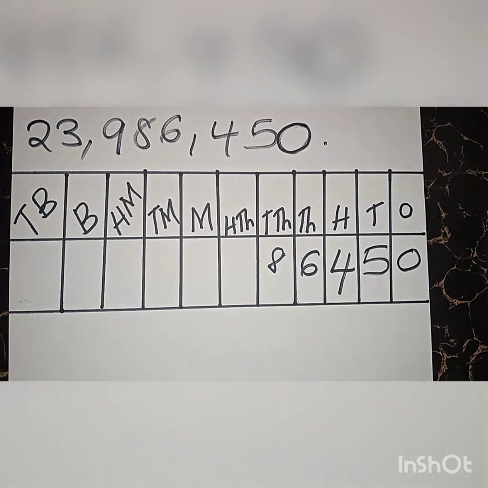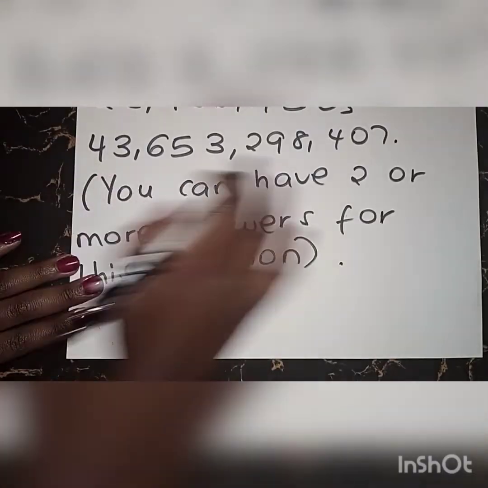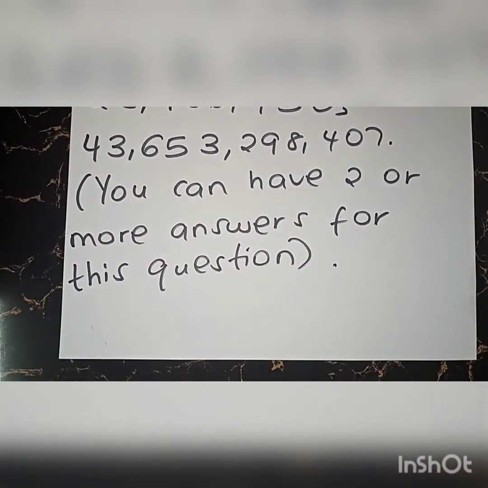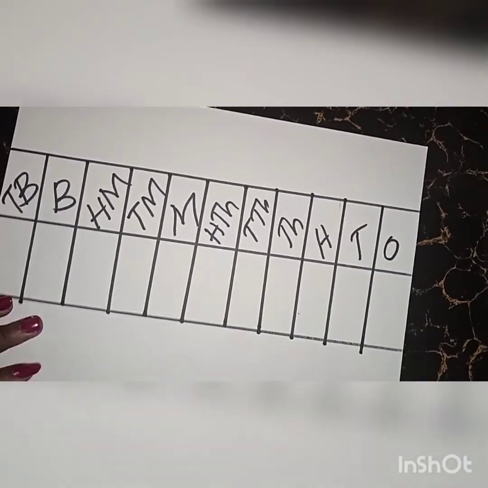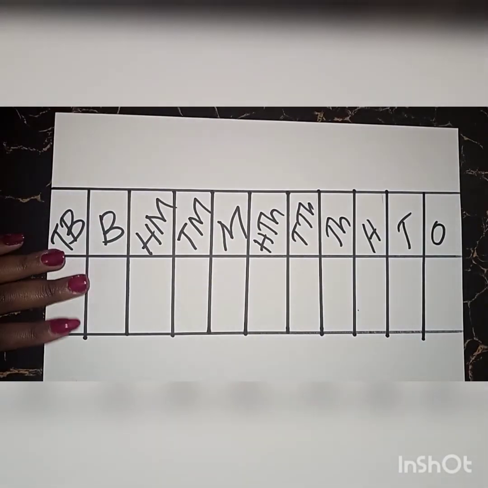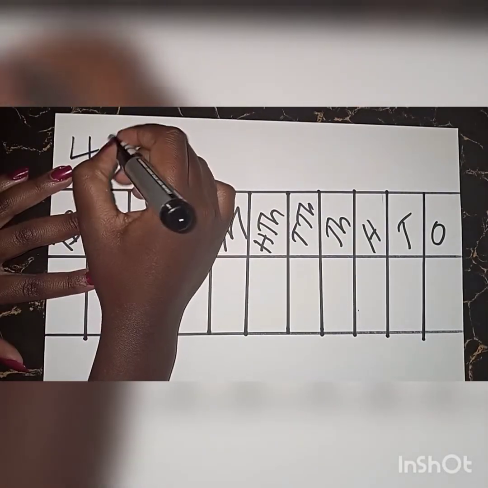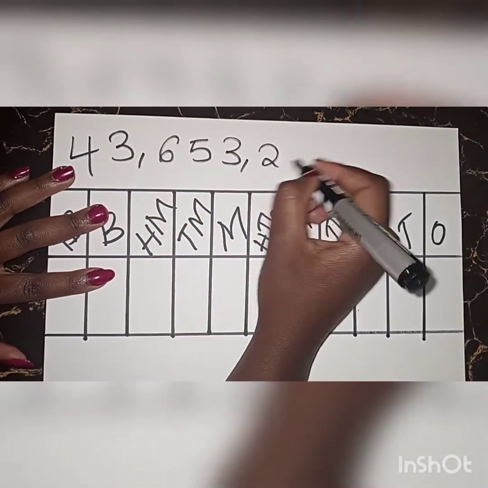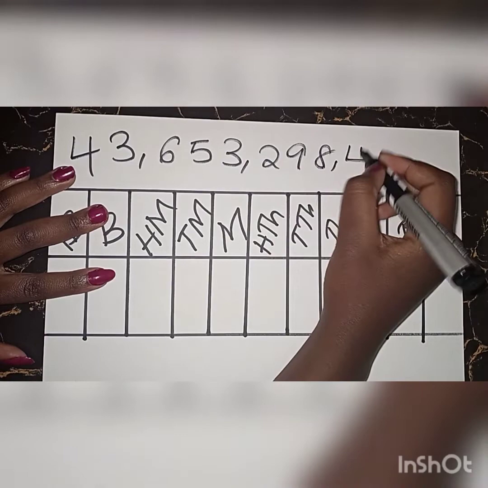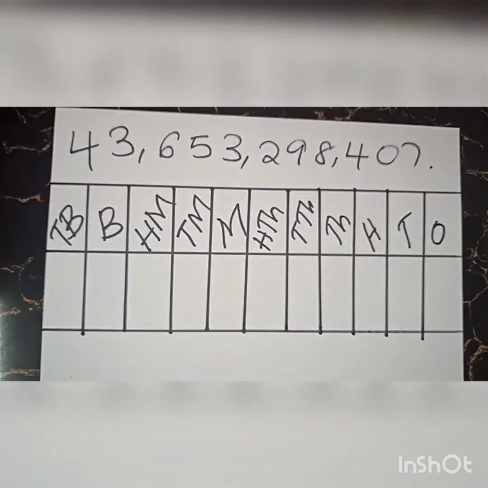Okay, let's look at the last number that I left you with. This was the last number. This number here. So yeah, for that we'll also need another table like this. Okay. So let me write the number here. Okay, this is the number that you're looking at.